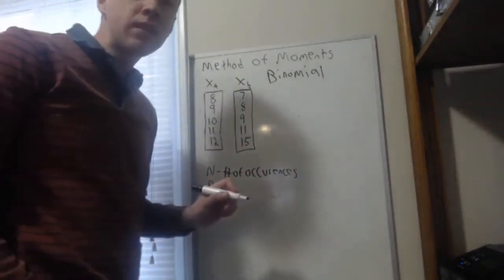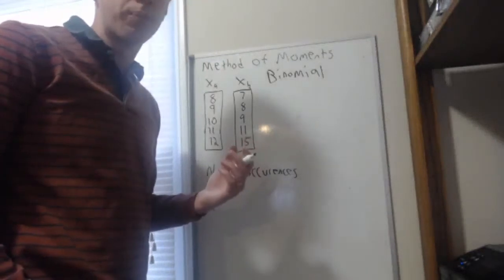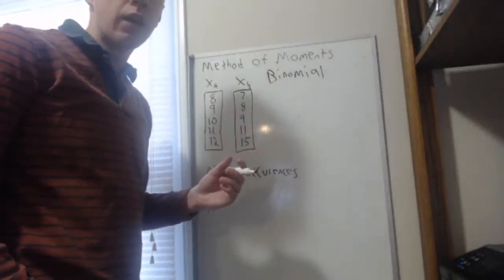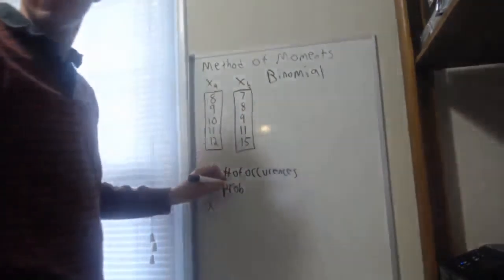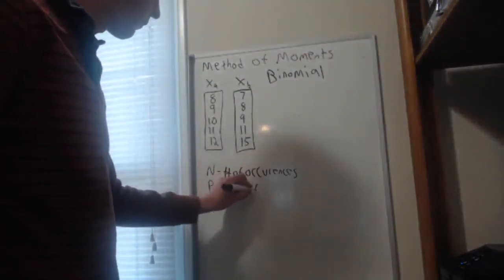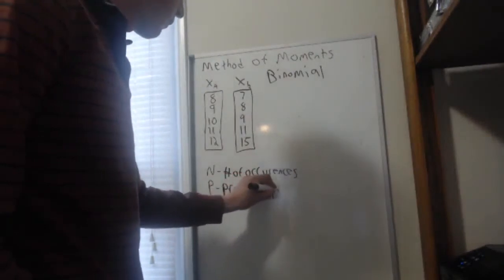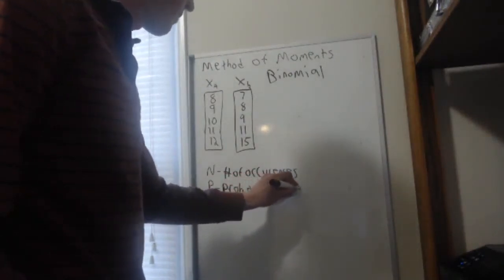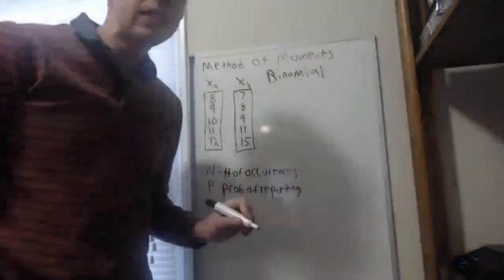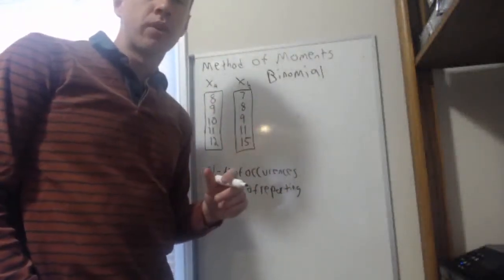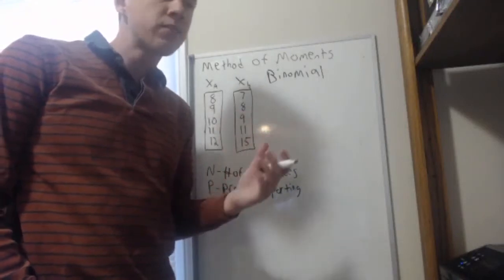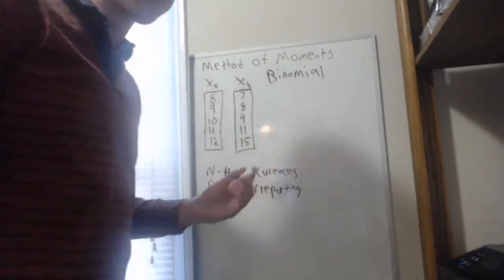I'm going to call p the probability that the occurrence gets reported, or probability of reporting. And then that leaves x, the number that we're going to observe, as the observed number of reports, or the observed successes, or the observed things. I'll call it observed reports.